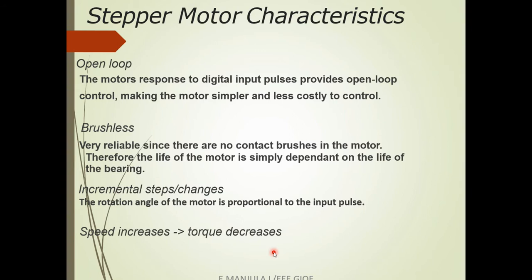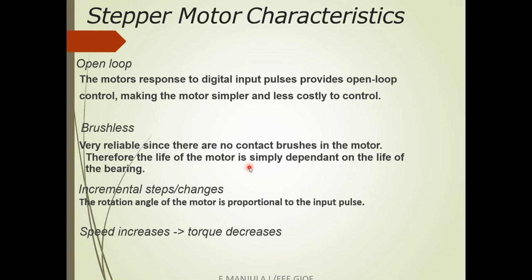Stepper motor characteristics: open loop. The motor responds to digital input pulses and provides open loop control, making the motor simpler and less costly to control. It is brushless and very reliable since there are no contact brushes in the motor.